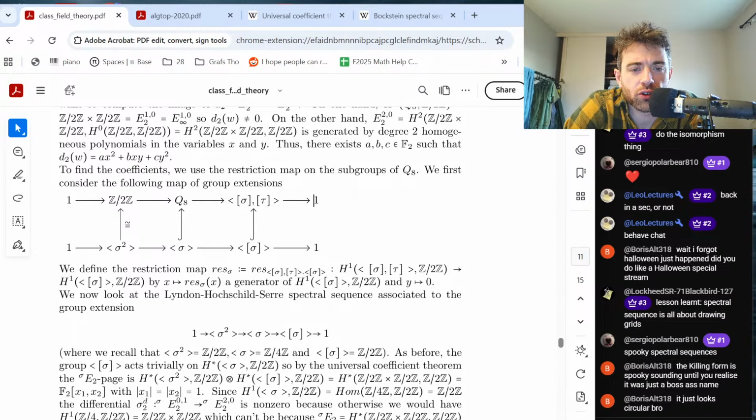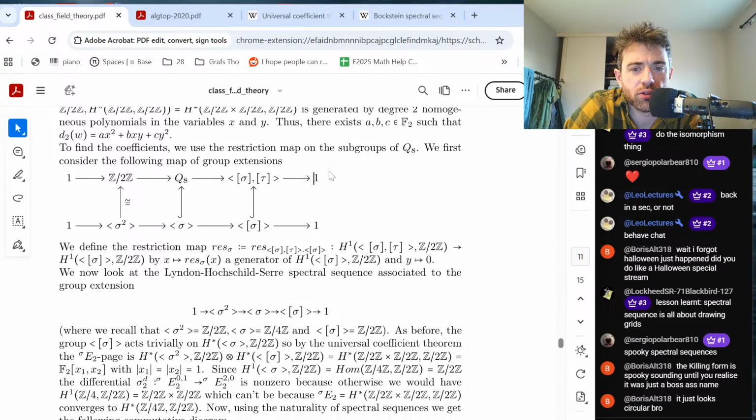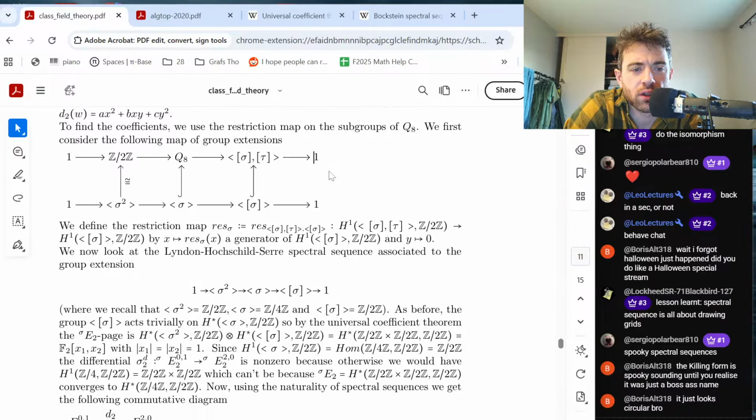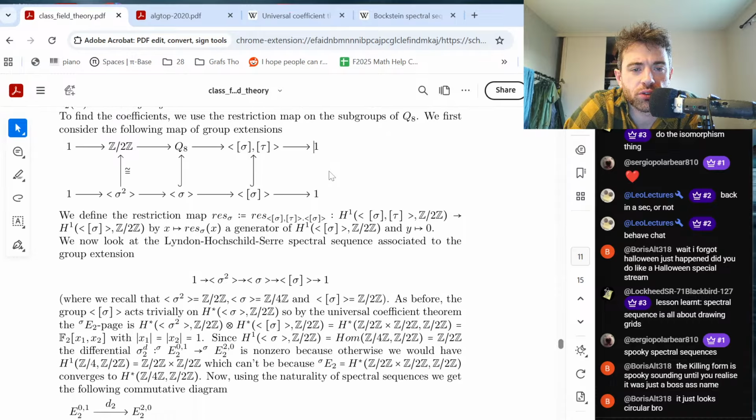To find coefficients, we use the restriction map on subgroups. We first consider the following map of group extensions and take the restriction here.